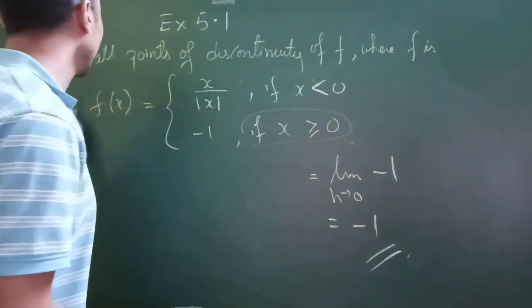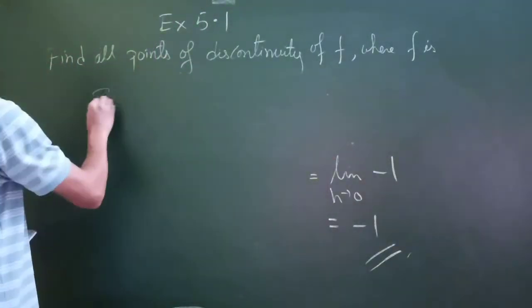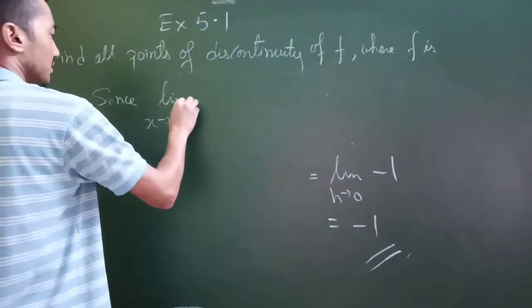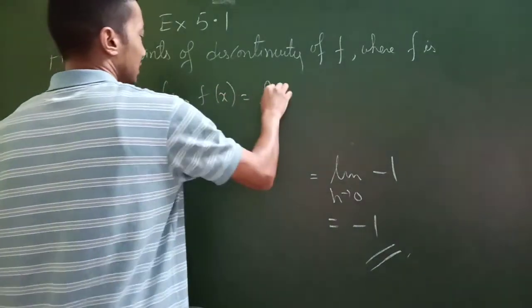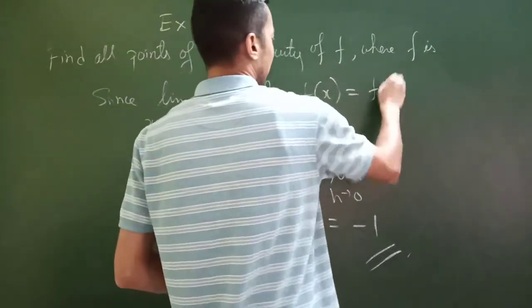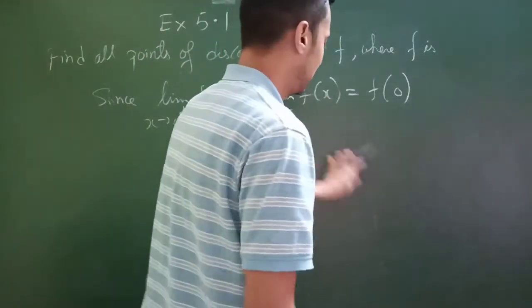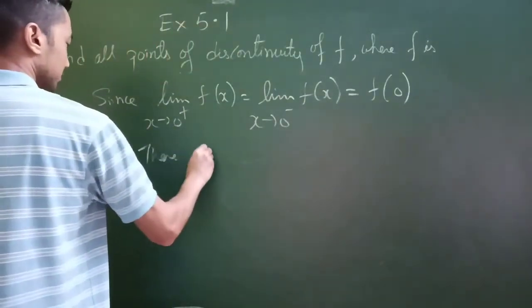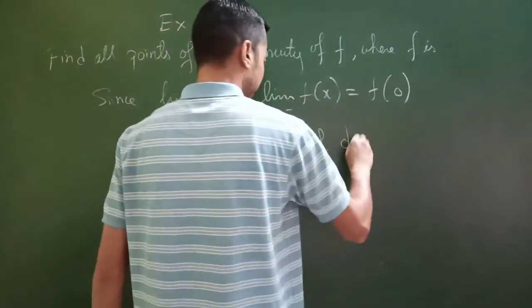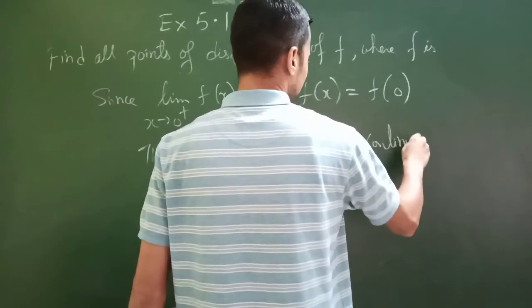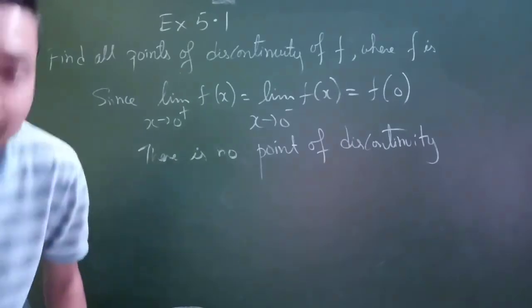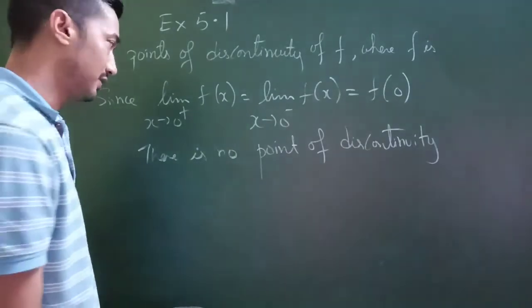So the conclusion we will write is: since the limit as x tends to 0 of f of x is equal to f of 0, there is no point of discontinuity. Okay, so that is it.